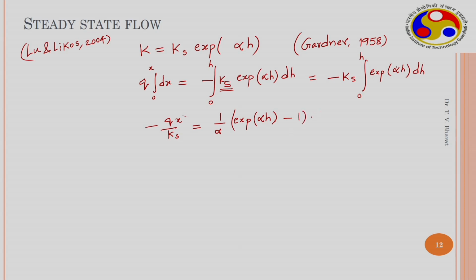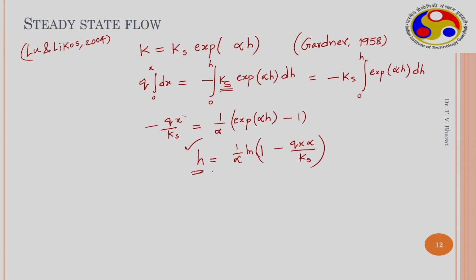If you simplify this expression and write the expression for h, it can be written as 1 by alpha, because when this goes here it becomes minus q x alpha by Ks, and 1 if it is taken that side, this is the expression you get, and if you take a natural log, and alpha if it is taken out, then 1 by alpha.